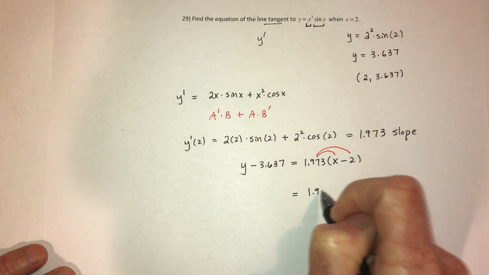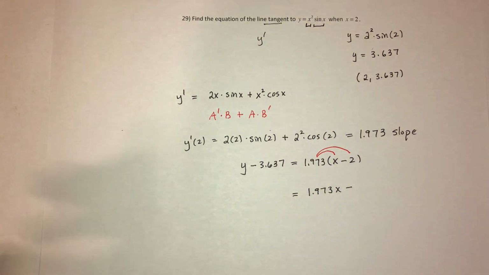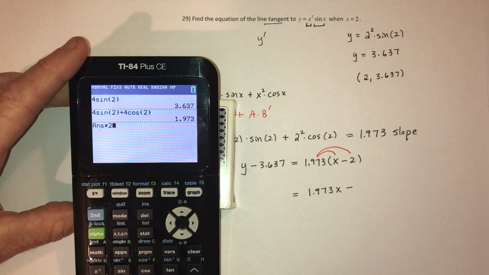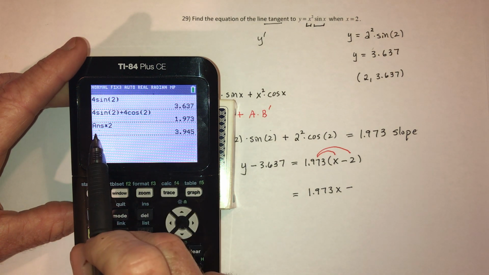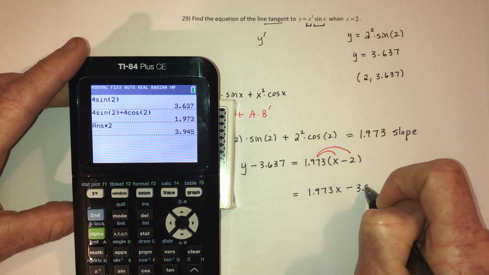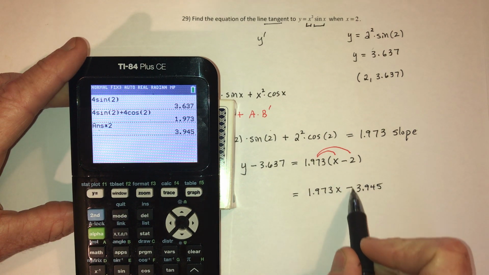So 1.973x minus, if I just say times 2, then it'll take that last answer and plug it in right there. So that is a 3.945. But of course this had a minus, so that's a minus.